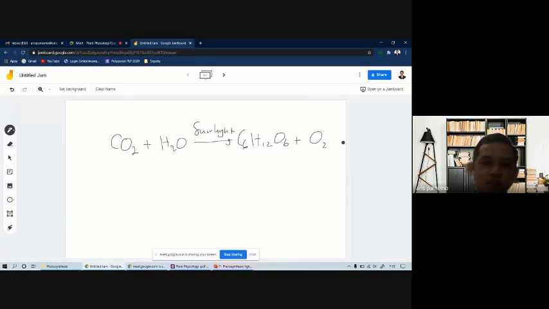What is the information that you can get from this formula? What does this formula mean to you? Any volunteer?